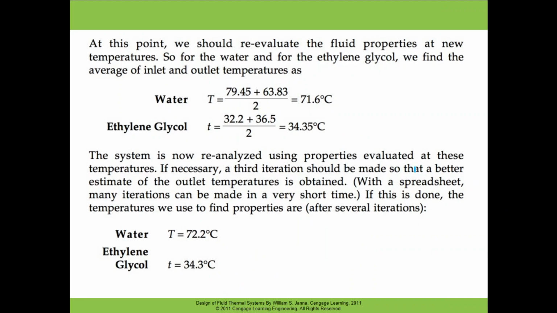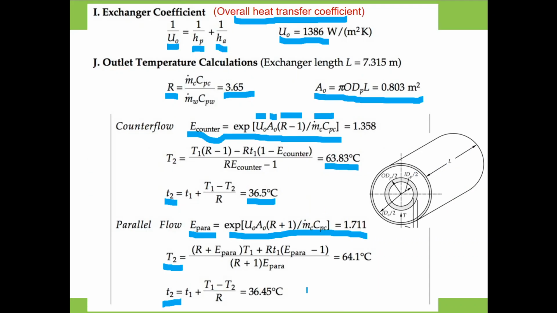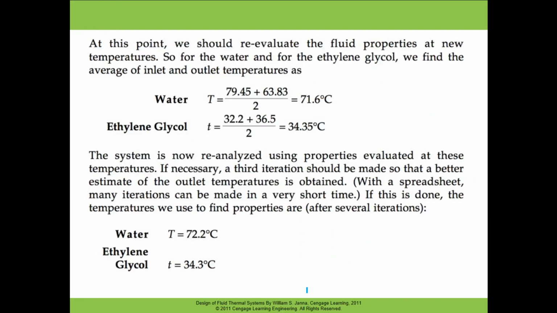So we got the final temperatures, and after that we need to calculate the properties at the average temperature to make sure that the properties do not differ much. So we calculate the average temperature of the warm fluid, and then the average temperature for the cold fluid, and then we repeat the procedure taking the properties at these temperatures.